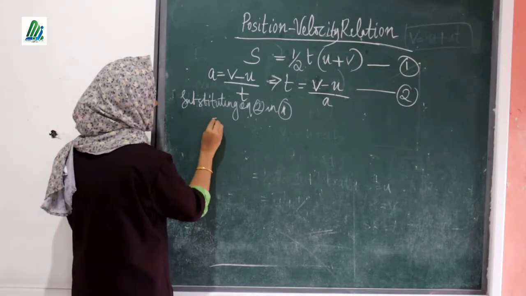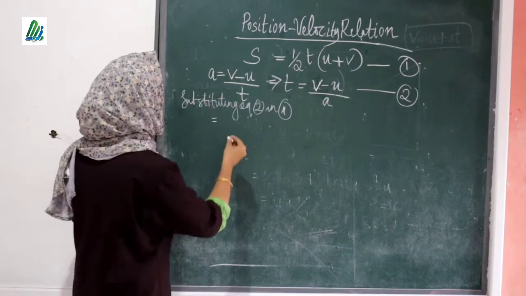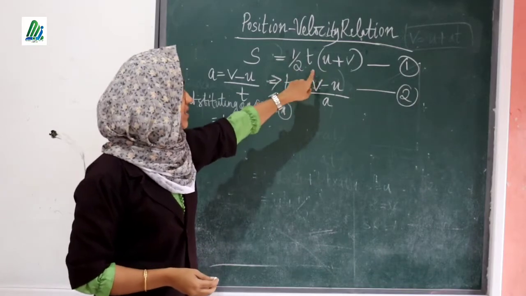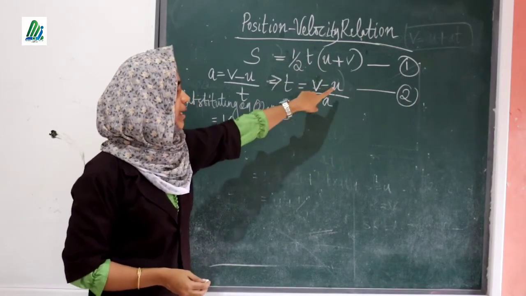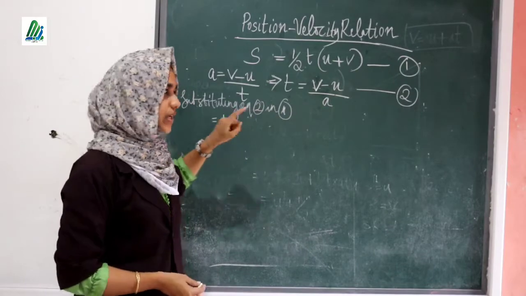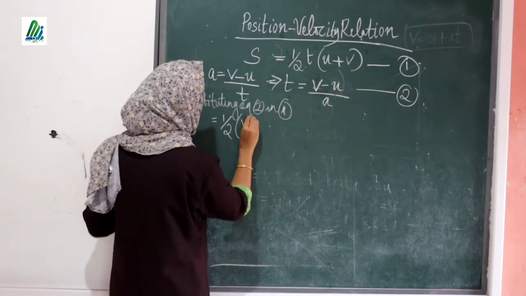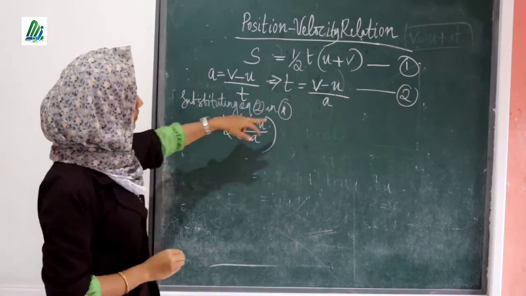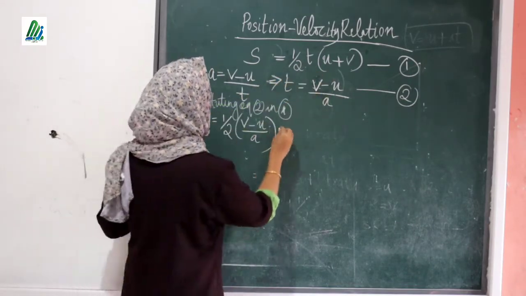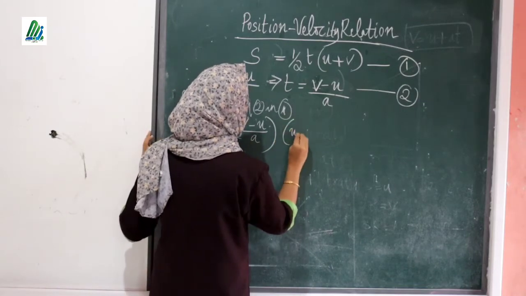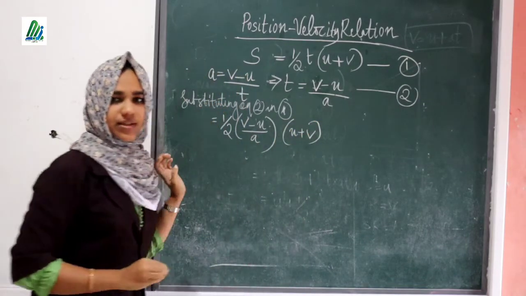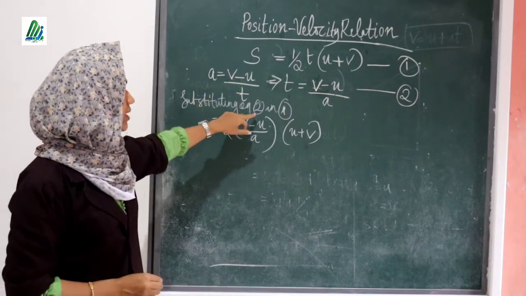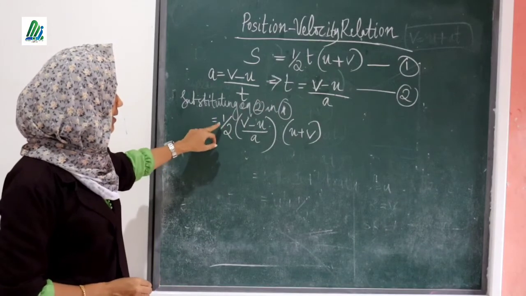Look here, instead of this t, we are substituting v minus u by a: half into v minus u by a, into u plus v. Is it clear how I got this? I substituted equation 2 in 1, then I get it like this.